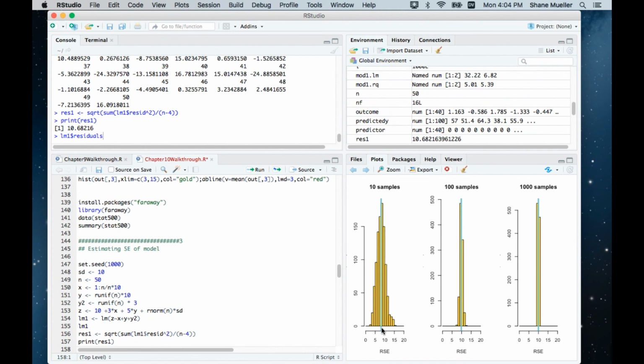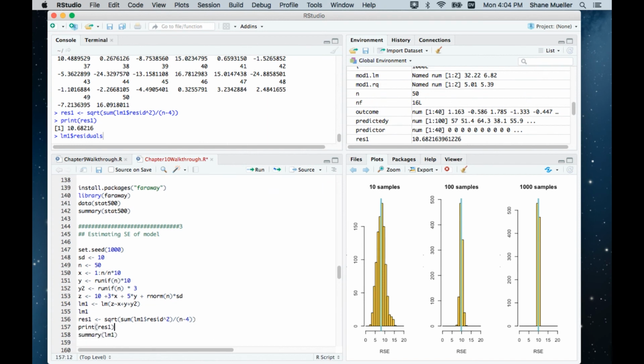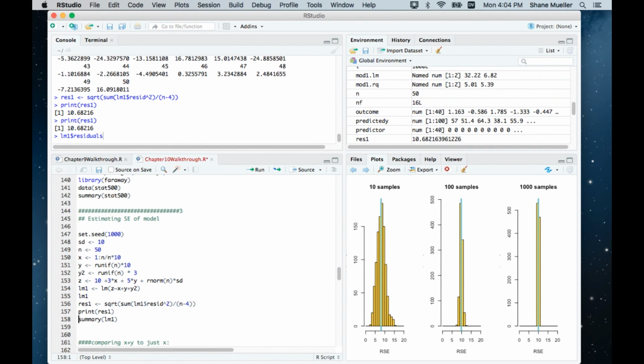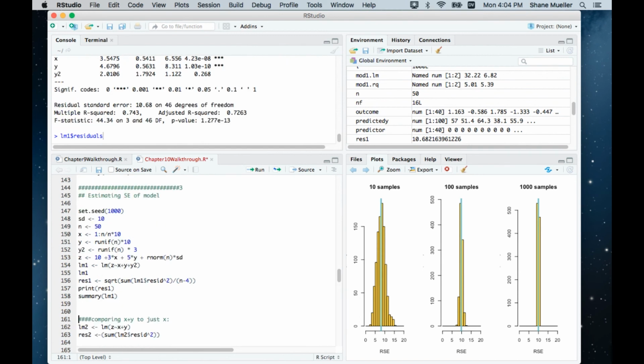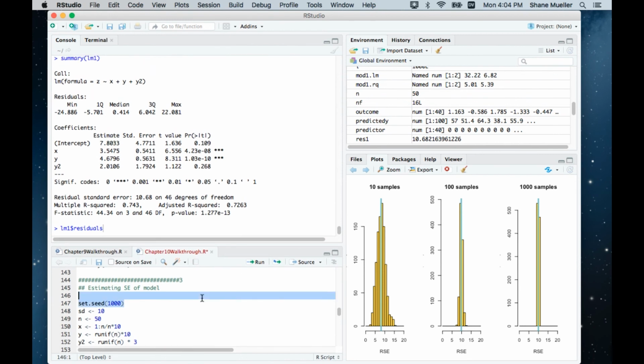So if you look here and around on either side, there's about a standard deviation of about 10 units on either side for this data. If I do a summary of lm1, summary does some additional processing that just looking at lm doesn't show you.